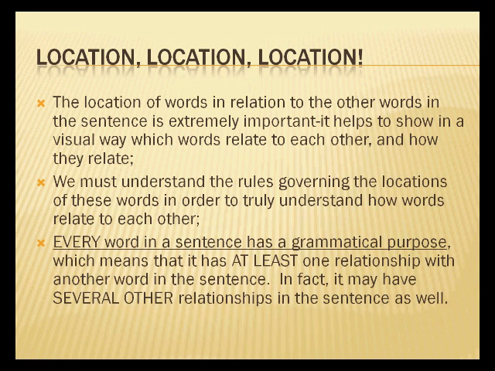The most important thing to remember is that every word in a sentence has a grammatical purpose. So that means at least they're going to maintain one relationship with another word or idea in the sentence. And in fact, they may have several other relationships in the sentence.